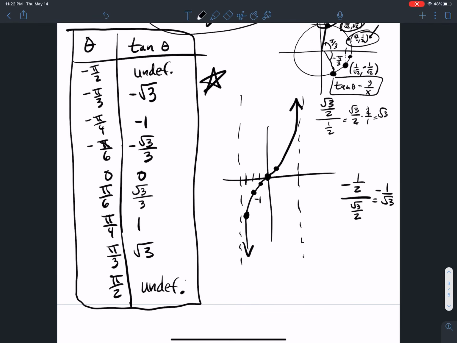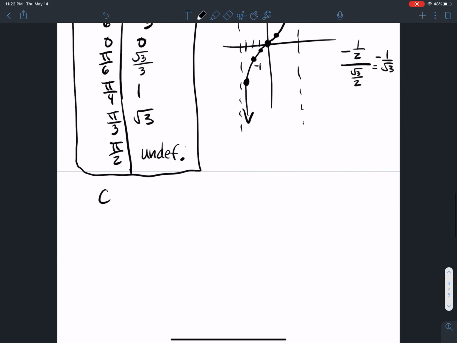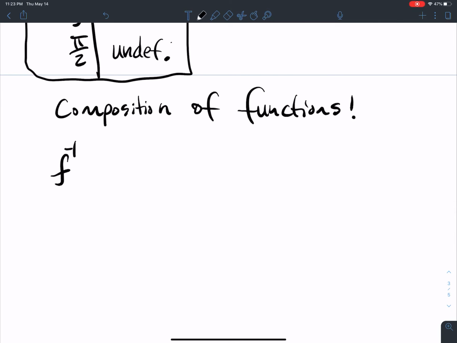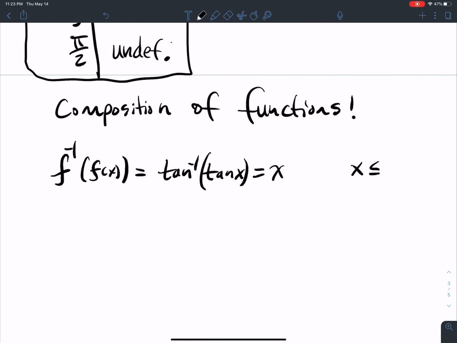Now, if you're going to do composition of functions for tangent, there's a couple rules here. F inverse of f of x, which is equal to tangent inverse of tan x, equals x as long as x is between negative pi over 2 and pi over 2. Okay?